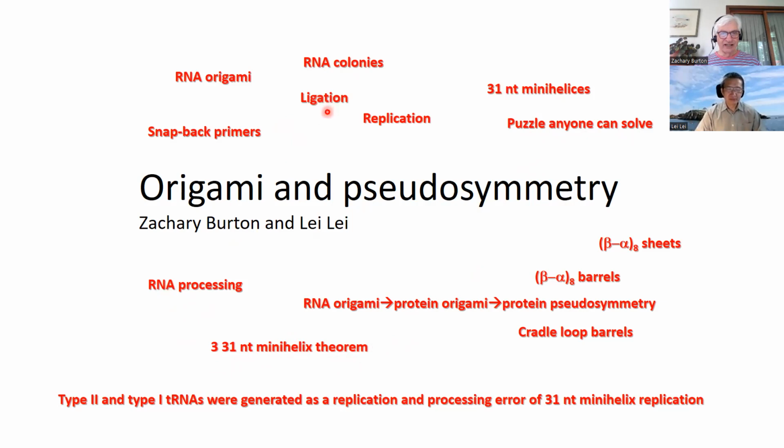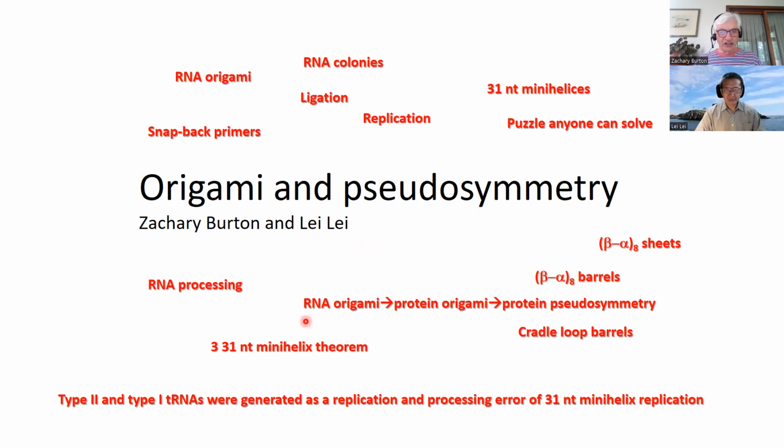After you ligate things together and you replicate them and you replicate their complement, you have RNA processing to make back new RNAs to fill the colonies. But because ligation is involved, you also make more complicated RNAs. That's how tRNA came to be made.